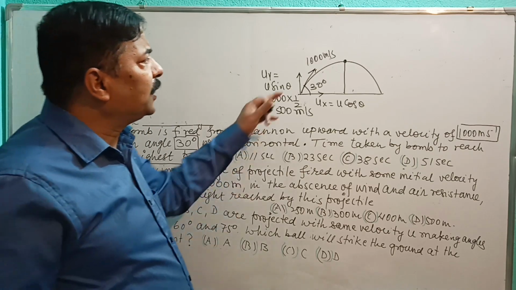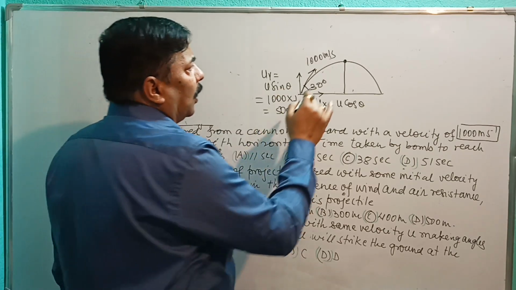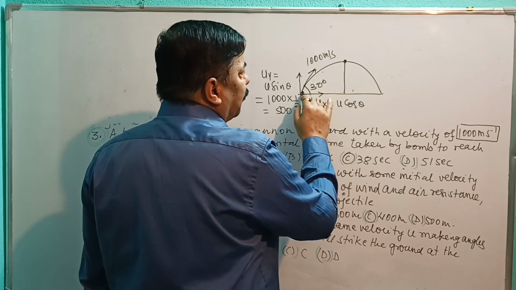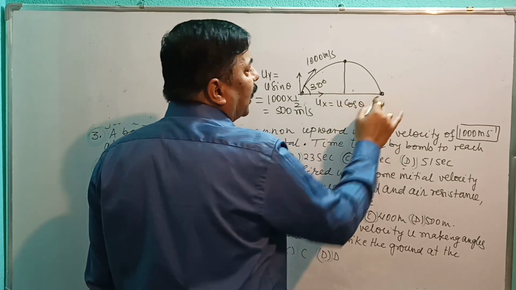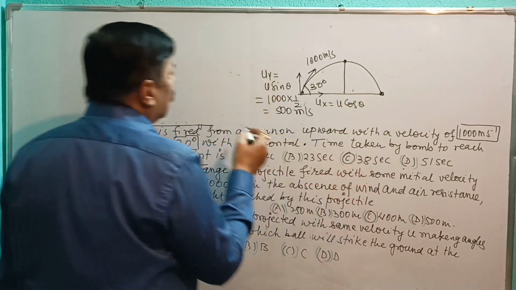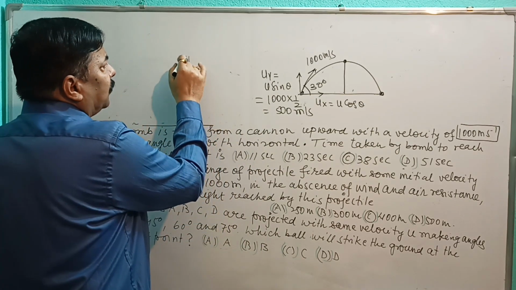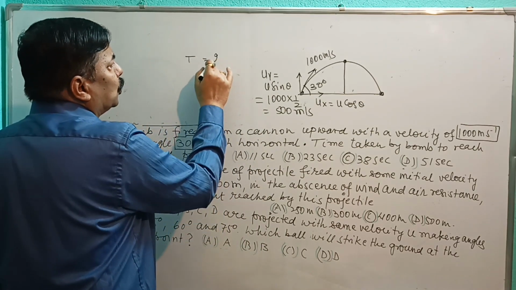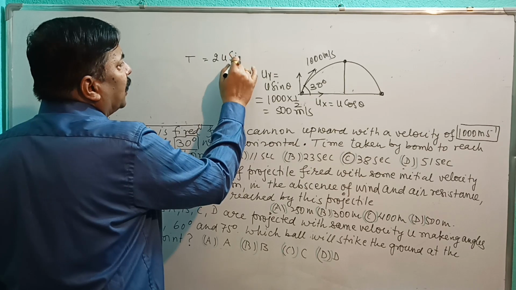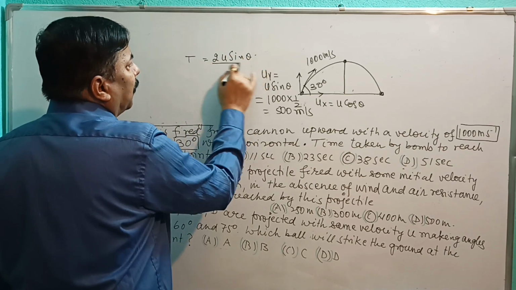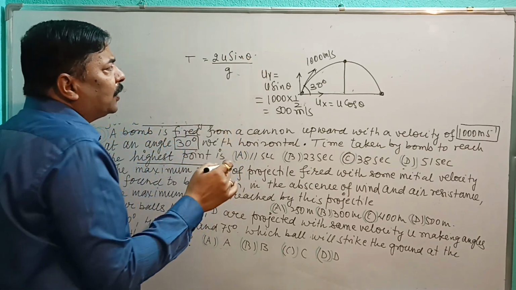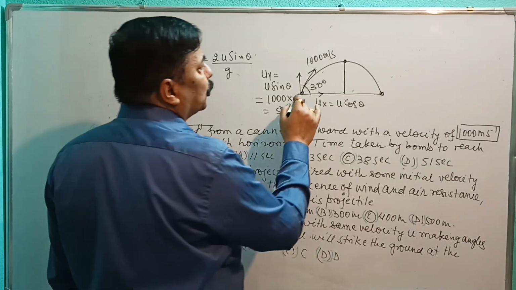So when the projectile is reaching, the total time of flight that we are getting, you already know the formula. Time of flight is 2u sin theta by g. This time of flight is divided into two parts.